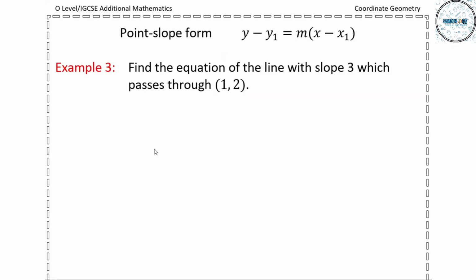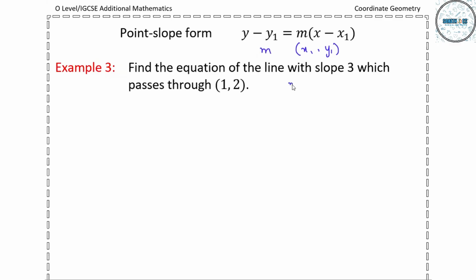Another form of the equation is the point-slope form, in which we use y - y1 = m(x - x1). It means that we must have the gradient and the coordinates of one point. Let's do an example. Find the equation of the line with slope 3, which passes through (1, 2).